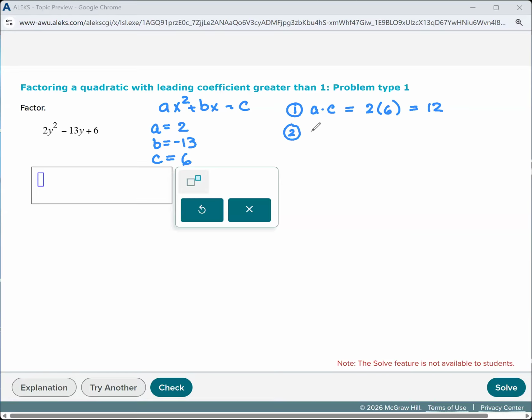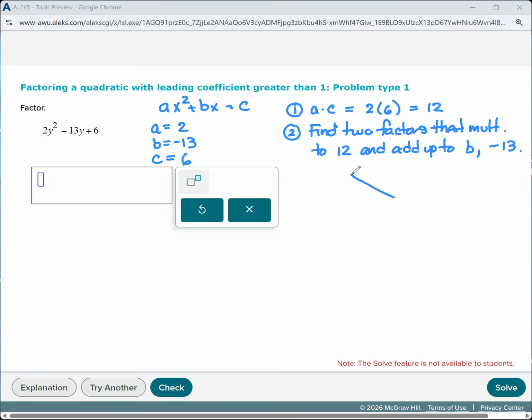So then I need to find two factors, two numbers, right, that multiply to +12 and add up to, in this case, B, or -13. Right, so I'm going to use my x here, and I'm going to say I have 12. They need to multiply to 12, and then they need to add up to -13.